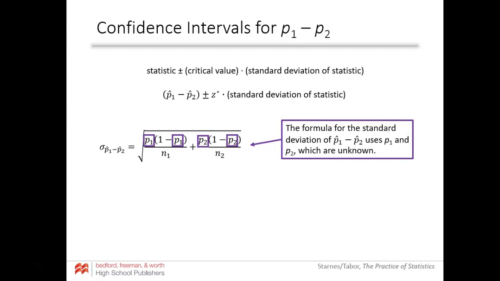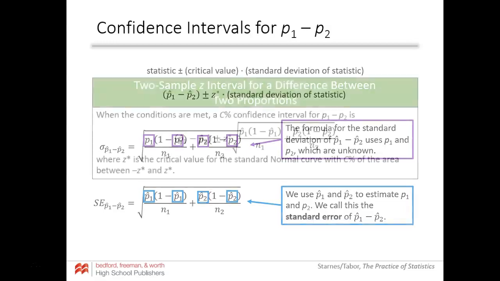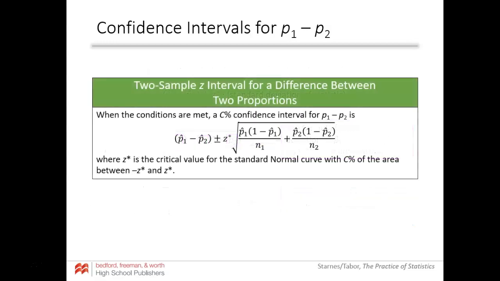So the formula for the standard deviation of p hat sub 1 minus p hat sub 2 uses p1 and p2, which are unknown. Which means we have the standard error. So we're going to have to estimate it with the sample data as opposed to the population data. All right, so here's the confidence interval formula in the difference of two proportions. So again, double checking the formula sheet here.